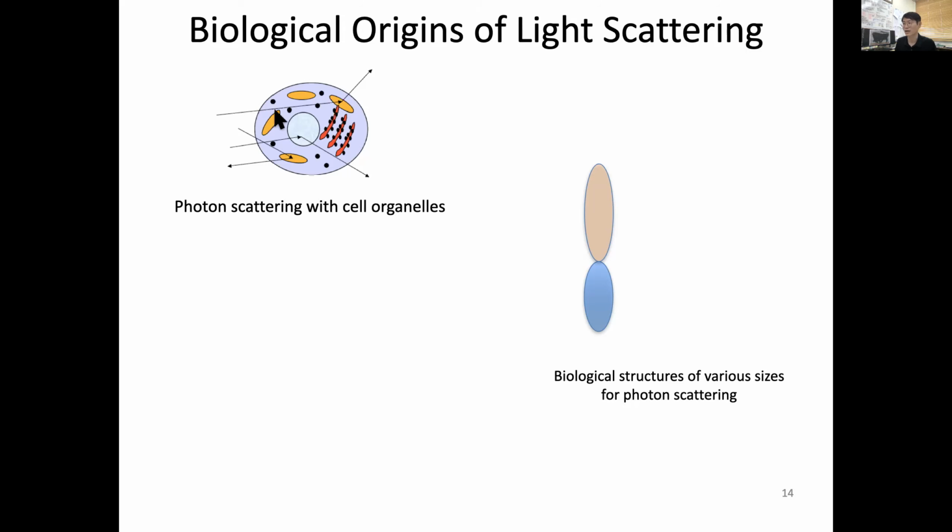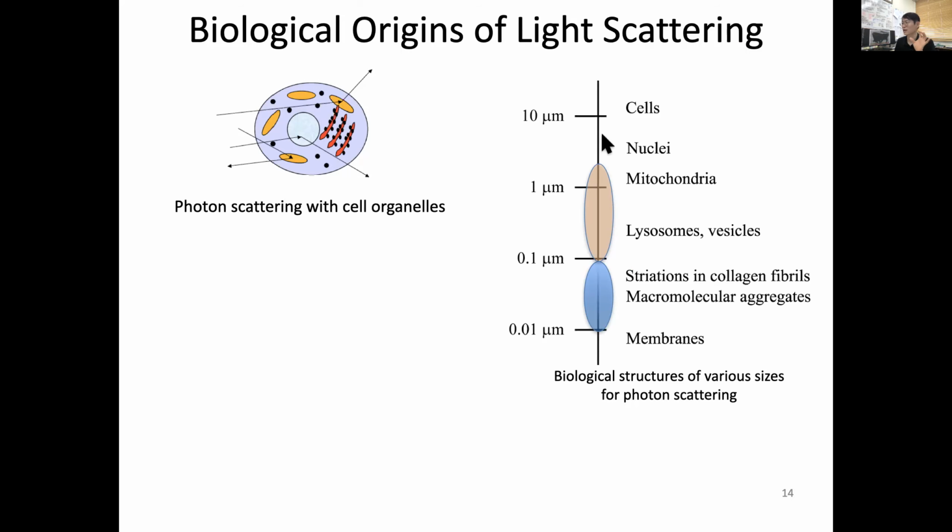However, light does interact with the cell somehow. But that interaction depends on the relative size of this object versus the wavelength. So here I plot the size of the objects. The cells are about 10 micron range. The cell nucleus and mitochondria are about 1 micron, which is comparable to the wavelength.